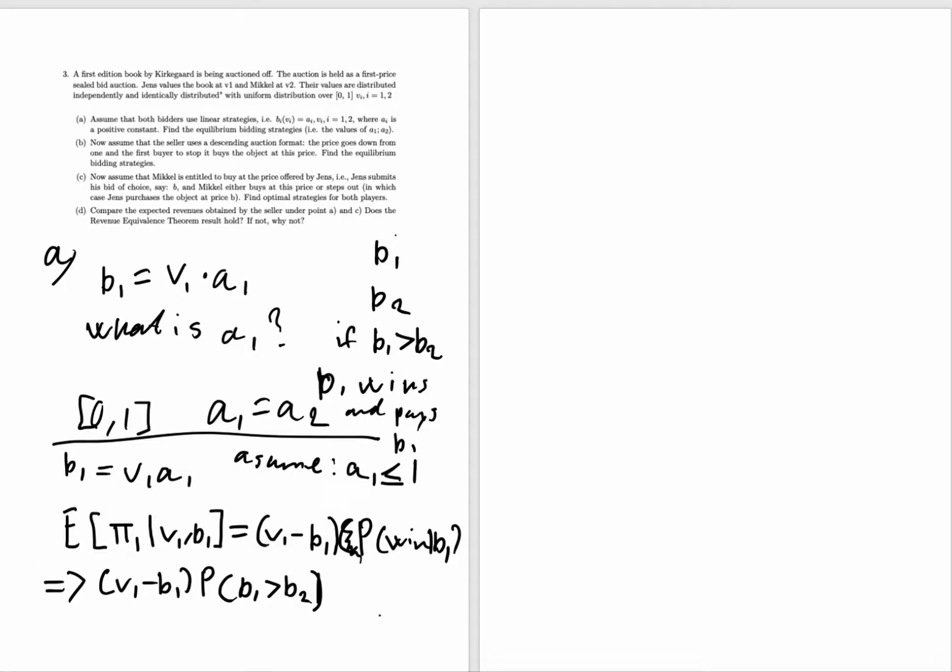All right. So now we have the chance that bid 1 is bigger than bid 2. This means that the person bidding will win, and then they're going to be making the profit right here.